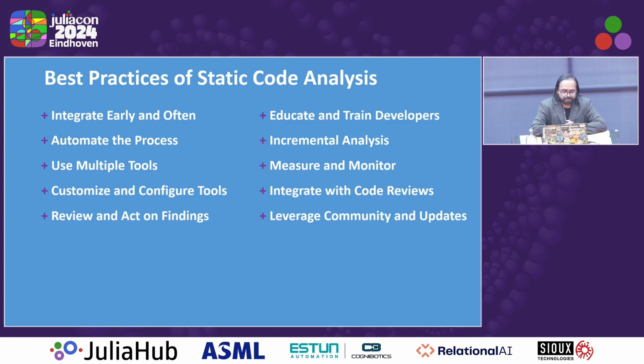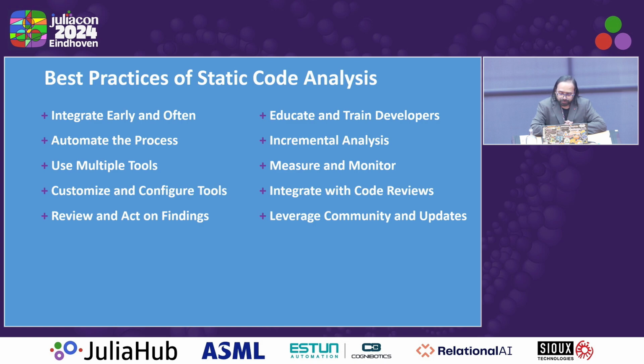Next is the best practices of static code analysis. It's often said that you integrate early and often, so that you can detect problems early. Here a continuous integration CI/CD pipeline is strongly recommended.